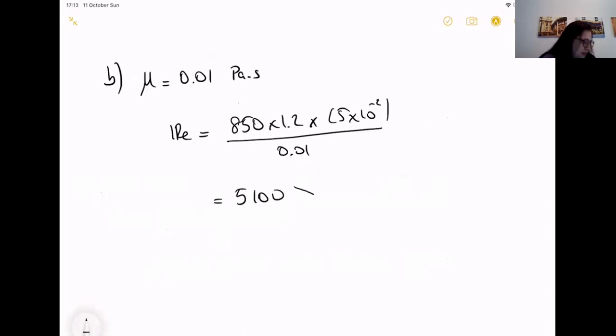So this is greater than 4,000. So we have turbulent flow, meaning there will be mixing. Hence, we are going to have green paint flowing in the pipeline.